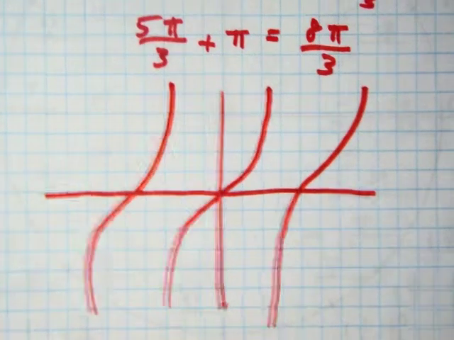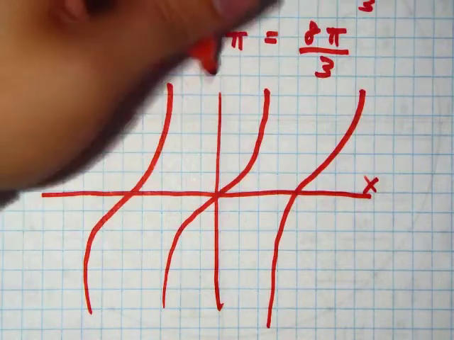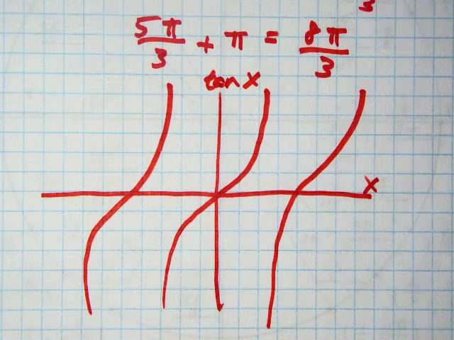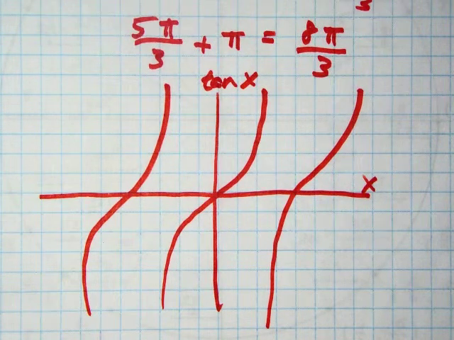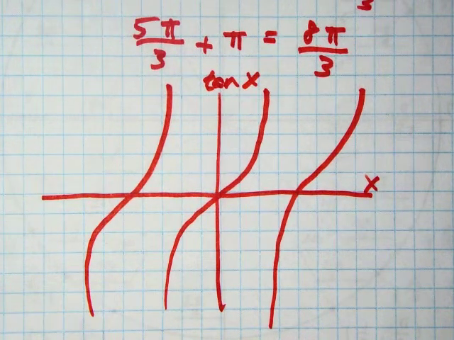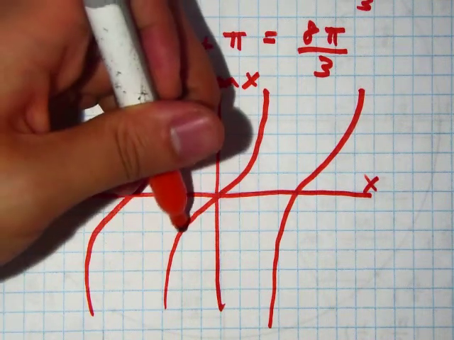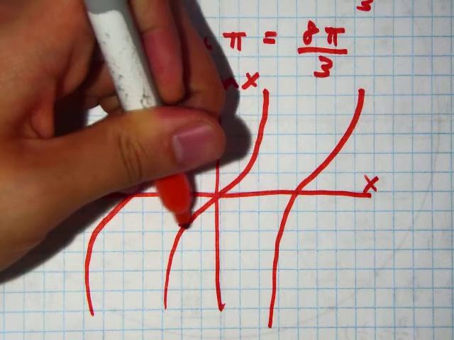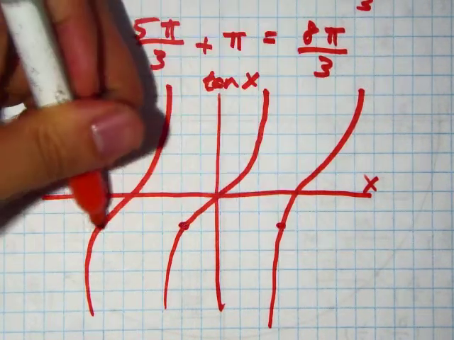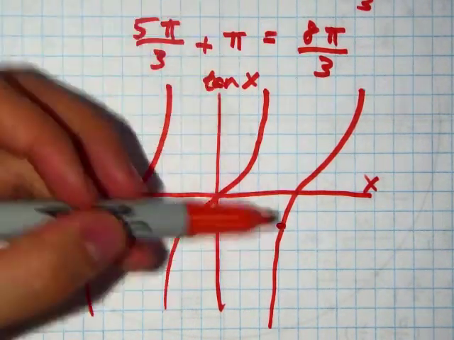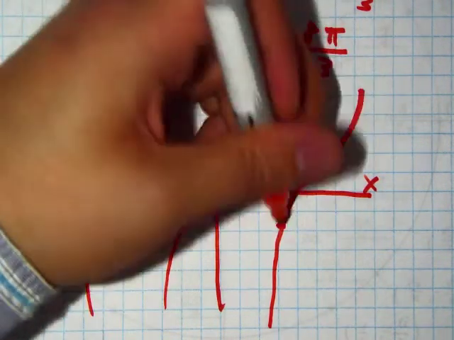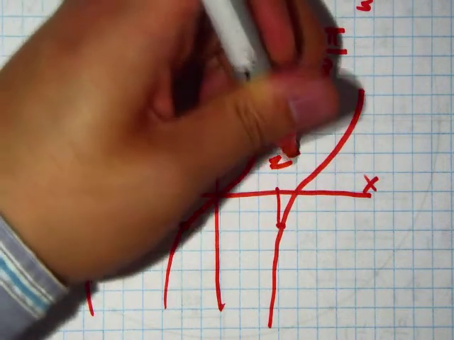That's tangent of x on an xy plane. I want to know where it equals negative square root of 3, which is about negative 1.7. So let's say it's right here. This answer would correspond with x equals 2 pi over 3.